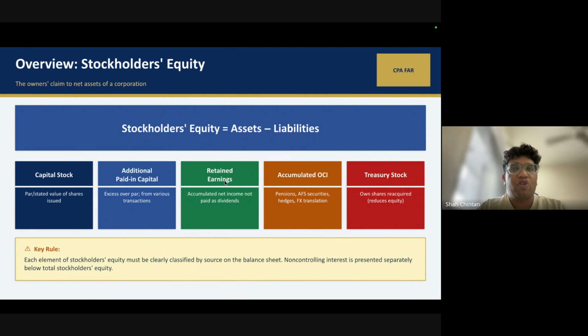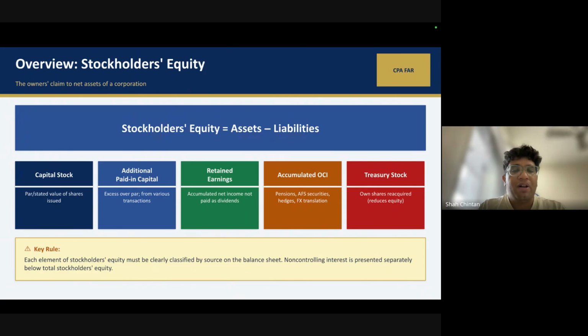And if there is a retrospective effect, you need to update or amend your beginning retained earnings balance. We will see the format in detail in a few minutes. So retained earnings plus adjustment to the opening balance gives you adjusted opening retained earnings, plus net income for the year, minus any dividends paid, and you get the closing retained earnings.